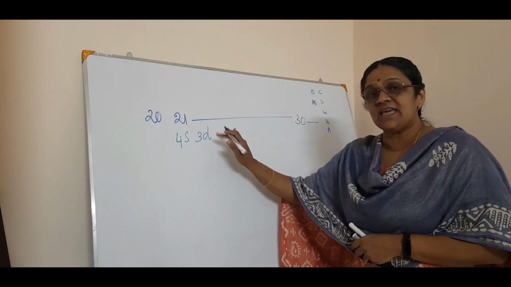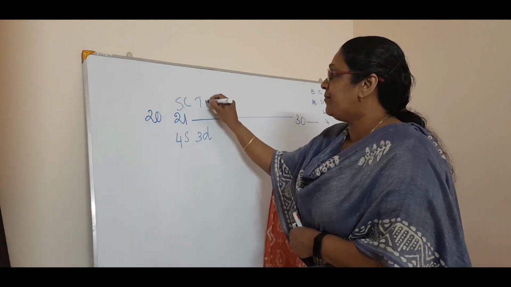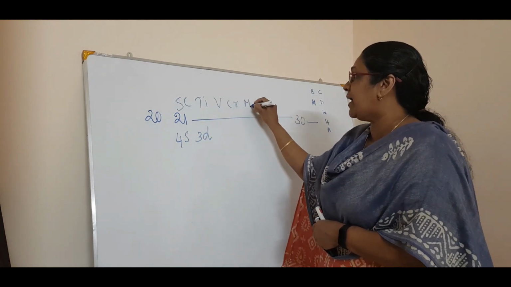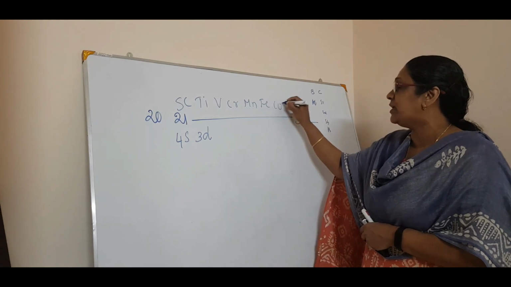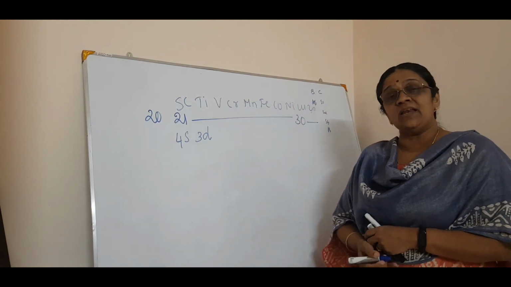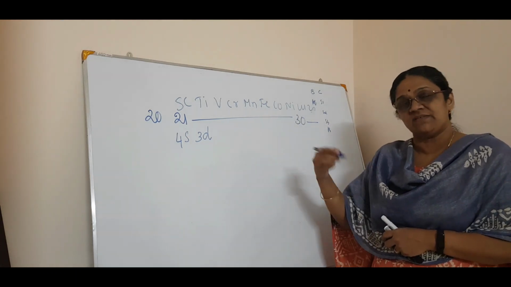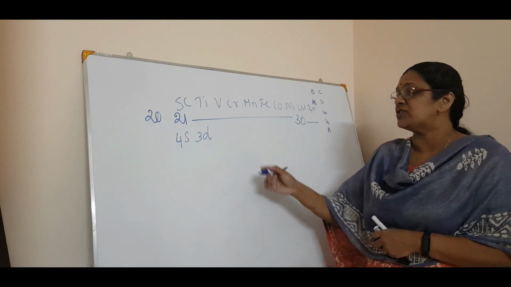You can see that in the transition elements from scandium, titanium, vanadium, chromium, manganese, iron, cobalt, nickel, copper and zinc. These 10 elements are called transition metals or d block elements. We will study them later, in the next chapter.